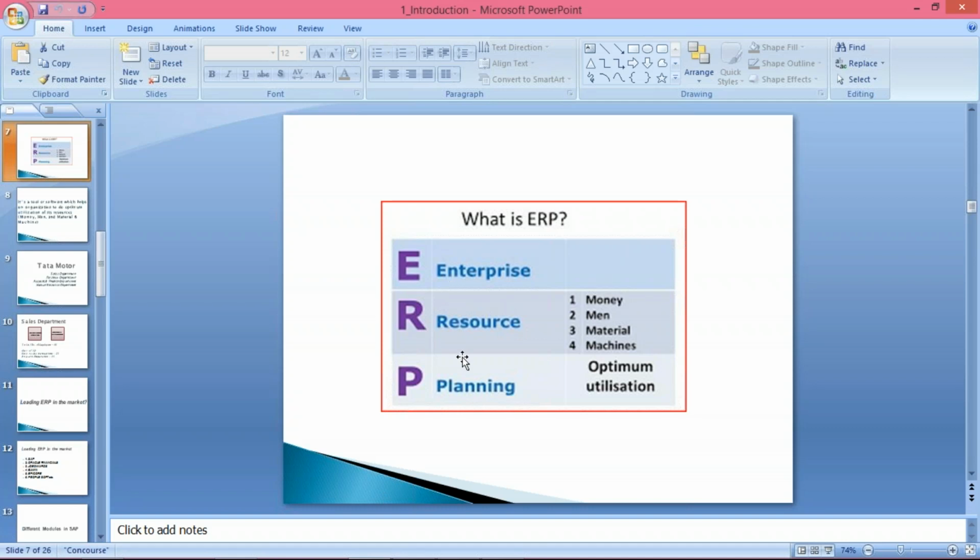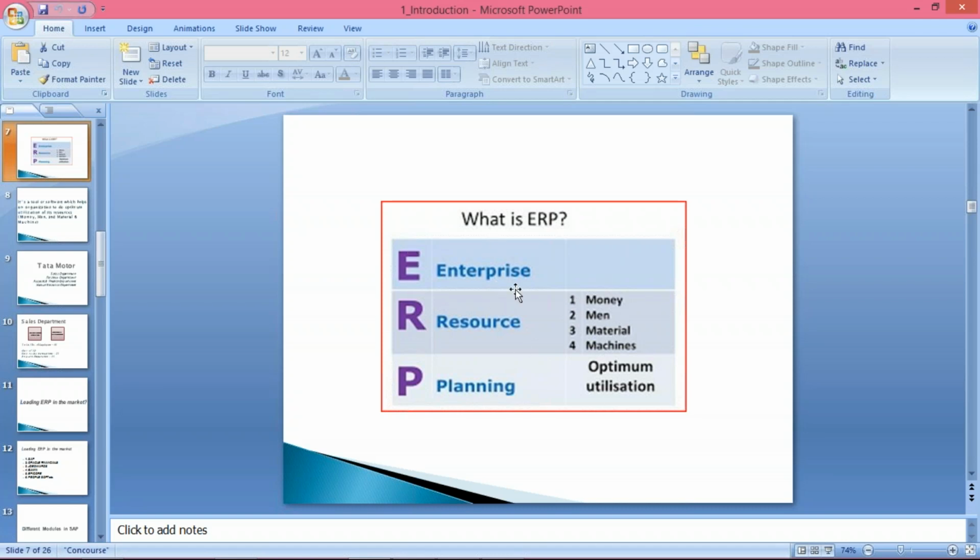Now, planning. Planning about what? Planning about the optimum utilization, which means maximum utilization. Maximum utilization of what? Maximum utilization of resources. Resources of what?